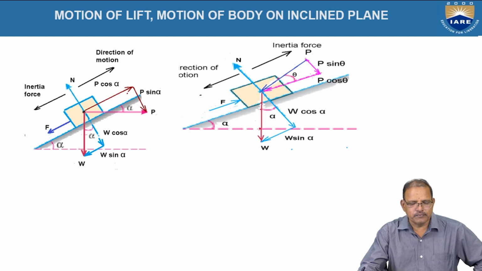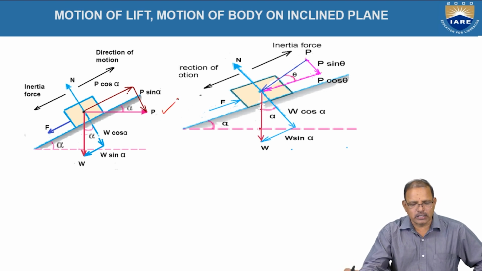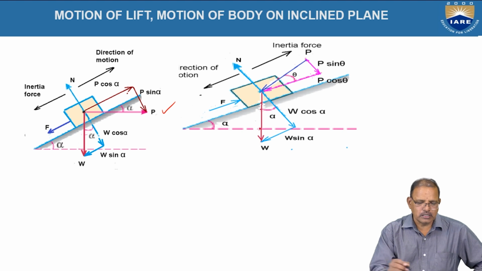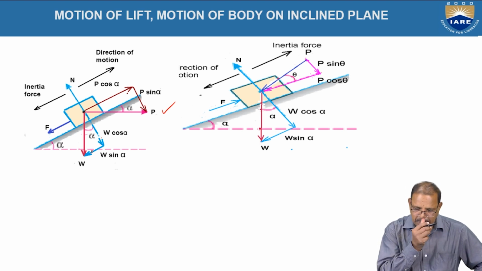In the third case, the applied force is parallel to the ground, that is, in the horizontal direction, but the body is moving up the plane, as shown in the figure. In this case, the forces are resolved along the plane as well as perpendicular to the plane. The weight is resolved into two components as in the previous case.